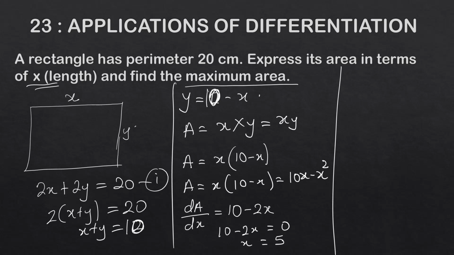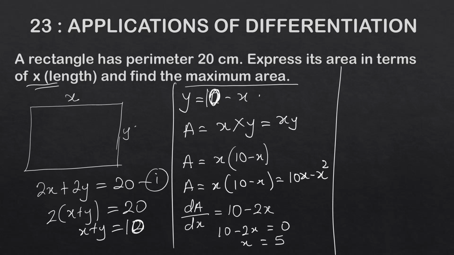If x is 5, the corresponding value of the maximum area is found when I resubstitute this value into the expression.